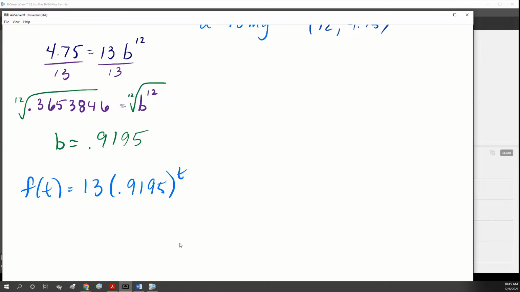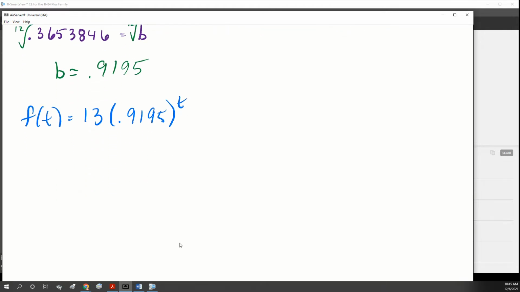Okay, so the question is, if you have to have 2 or less milligrams of dye in your system to be able to leave, how long is your doctor's visit going to take? So what do we set that to? Yeah, 2 for F of t. And then we need to solve it for t.